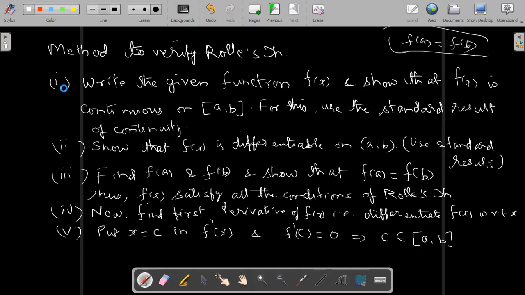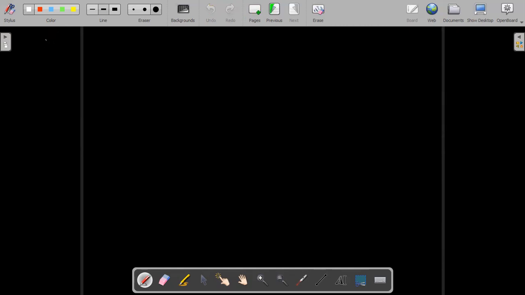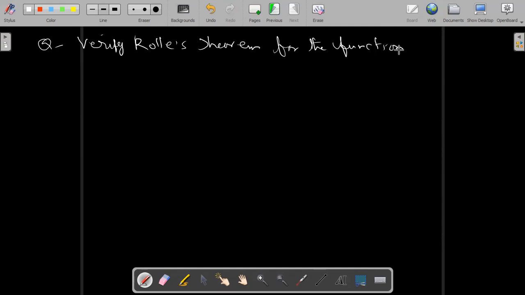Okay, so the question now is: verify Rolle's theorem for the function y is equal to x square plus 2, a is equal to minus 2, and b is equal to 2.